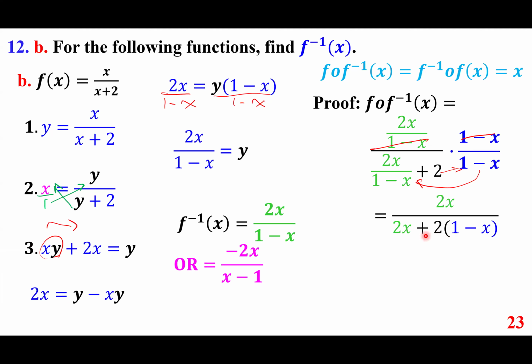So this becomes 2, this becomes minus 2x. These two cancel each other. 2x over 2 equals x. So we proved it. And now, of course, f inverse of f, you don't have to do it. One is enough. I recommend you do that.